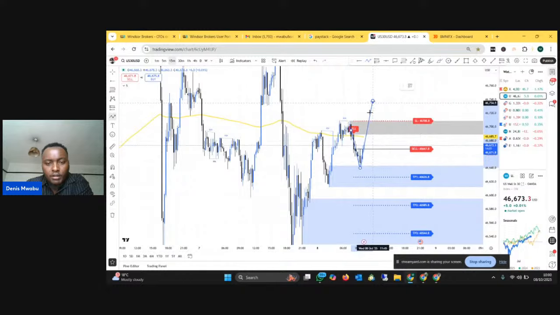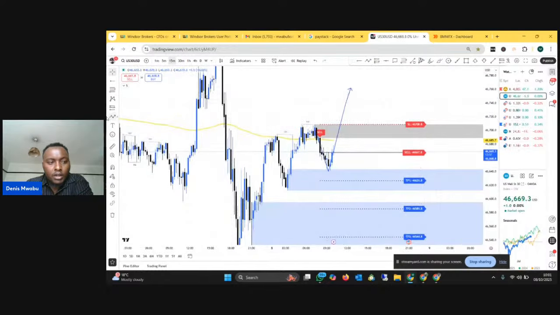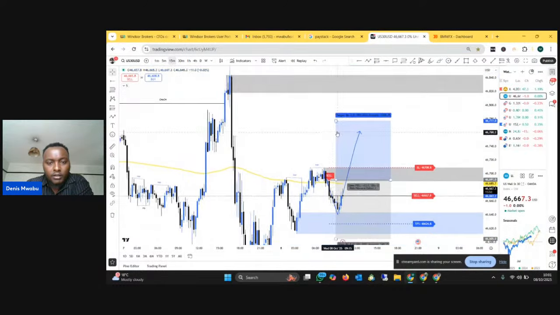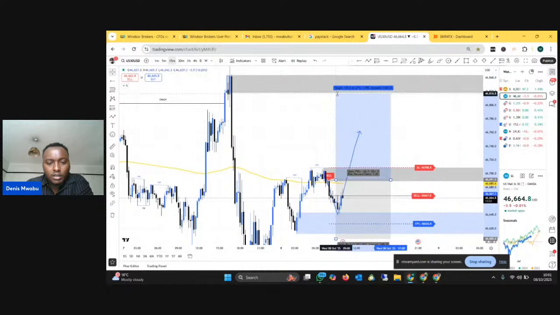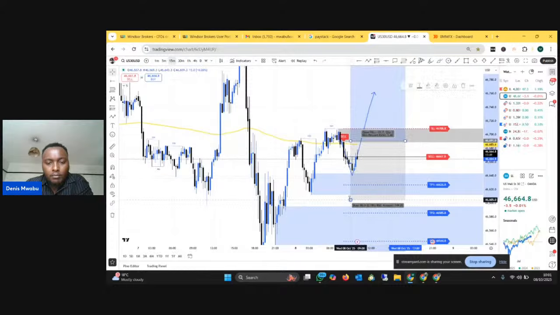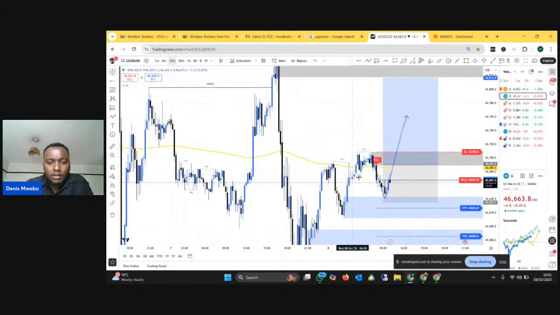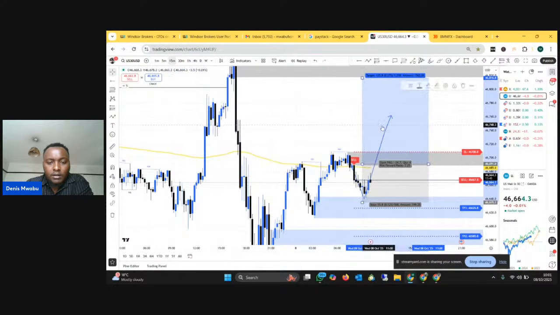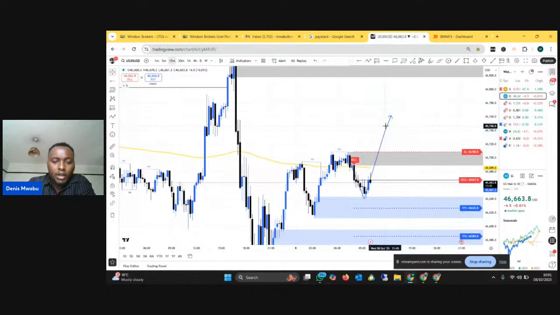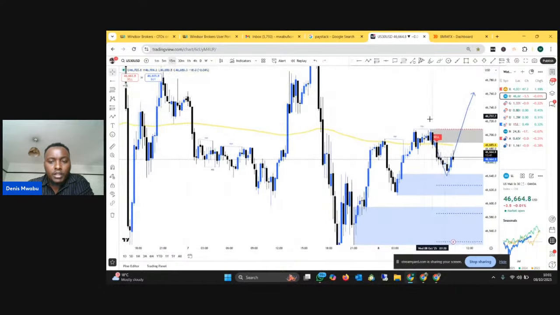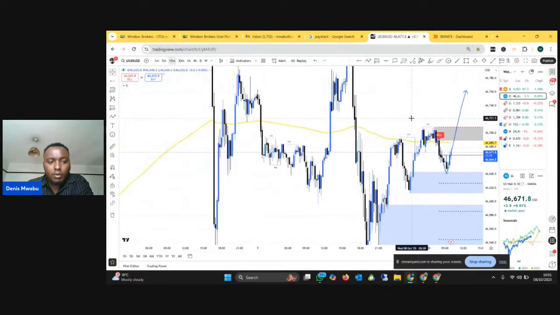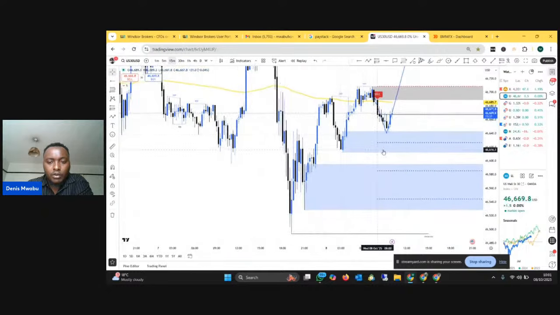So if it gives us a buy from this particular zone here, we can get into a buy, right, and target this area here. But if it does not do that, we can wait and see that it has rejected this area, so that we can continue dropping.